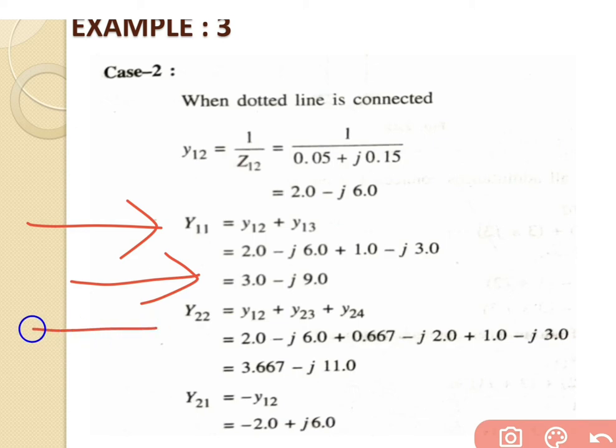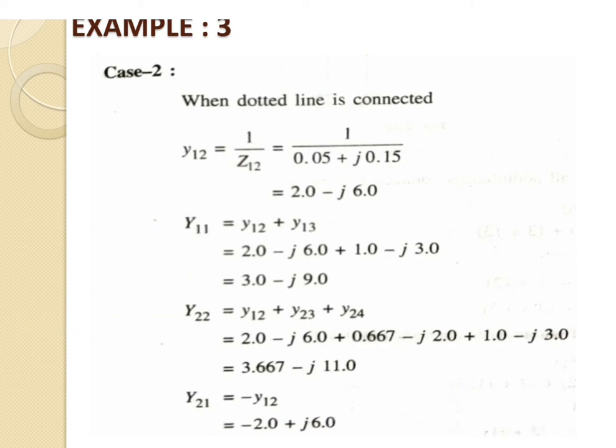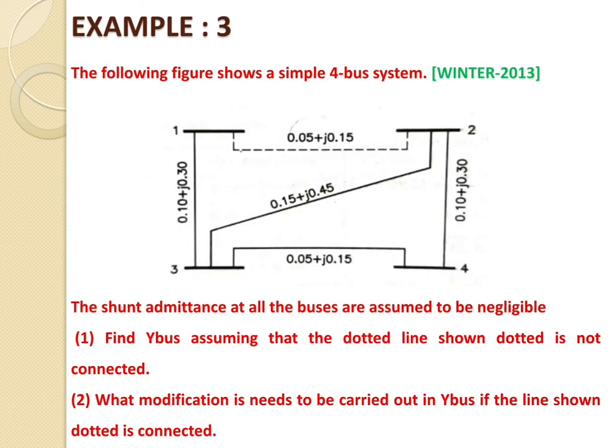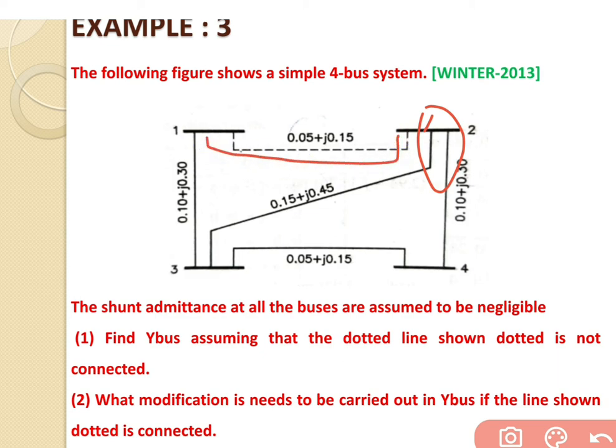Then go for the next one, that is Y22. At bus number 2, inside case number 1, only 2 lines are considered. But in case number 2, we have to also assume this line connected between 1 and 2. So there are a total of 3 lines connected at bus number 2.